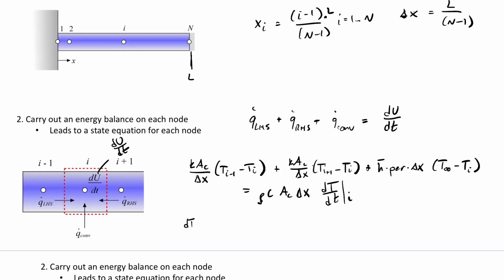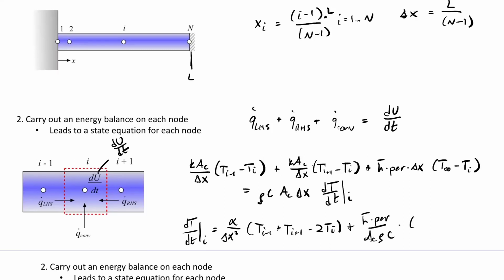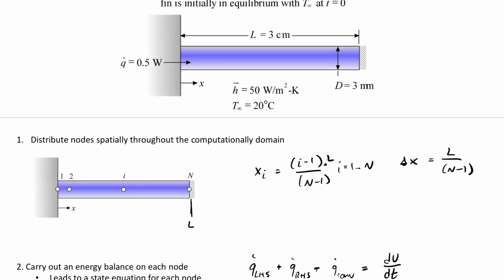It ends up being dTi/dt is equal to, and we'll introduce our thermal diffusivity alpha to simplify things a little, alpha over delta X squared times (Ti minus 1 plus Ti plus 1 minus 2 Ti), plus h bar perimeter over Ac rho times C, times (T infinity minus Ti).